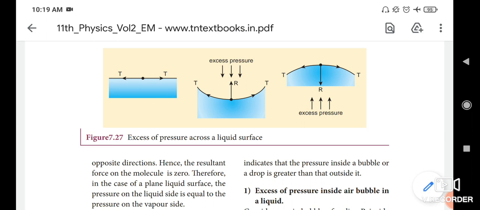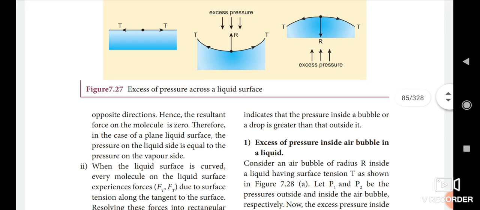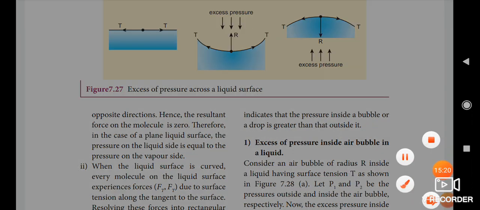Hence the resultant force on the molecule is 0, because both are in opposite directions, so there is no resultant force. Therefore, in this case of a plane liquid surface, the pressure on the liquid side is equal to the pressure on the vapor side. Okay, then see the next case, the second diagram.